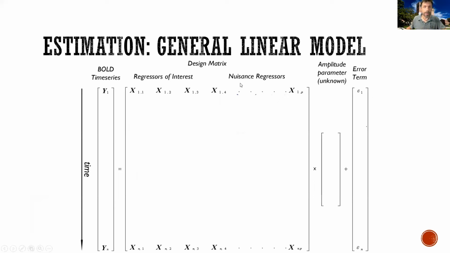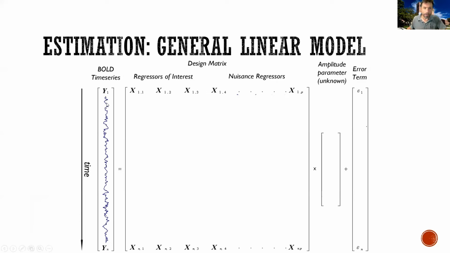So this is our regression, right? And so y, as I said, is nothing but the time series of one single voxel. So we're going to repeat this analysis at every single voxel, which is also why fMRI analyses are often referred to as a massive univariate analysis, meaning we do a massive number of univariate analyses, one per voxel.